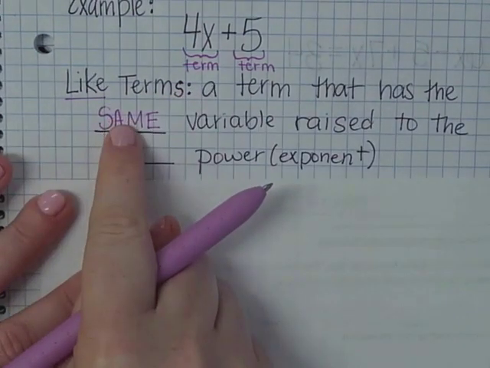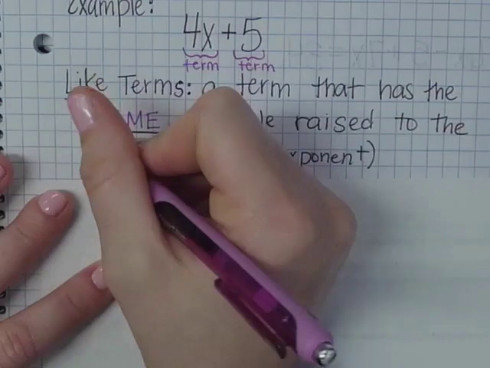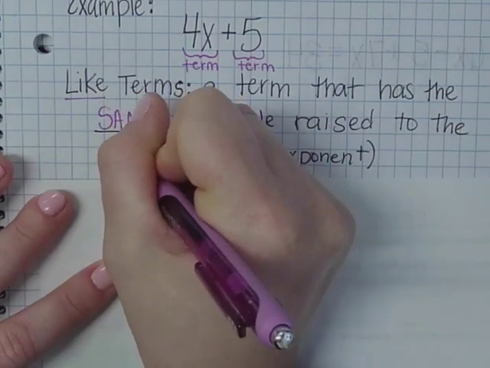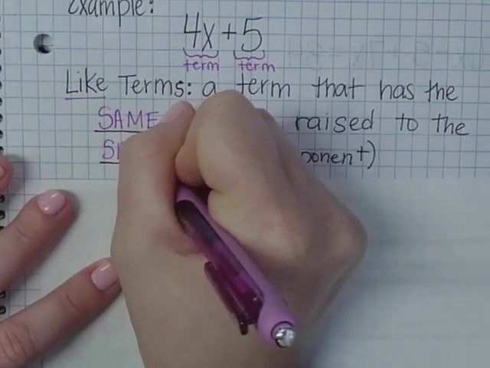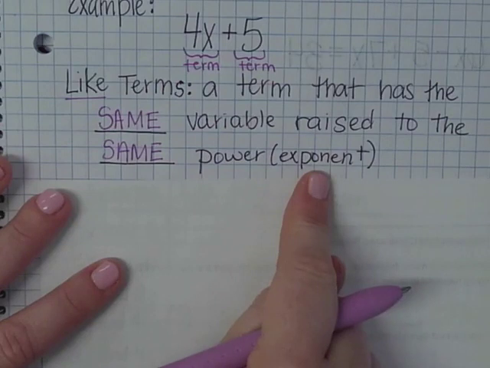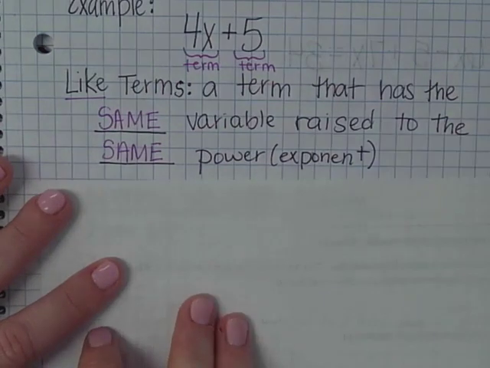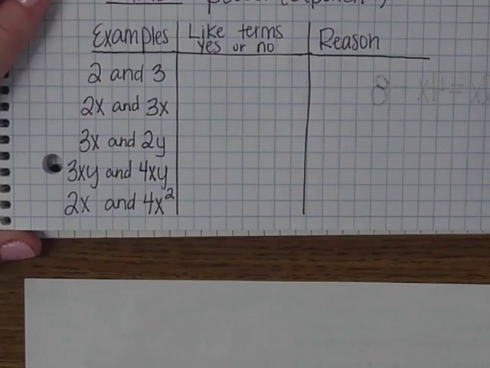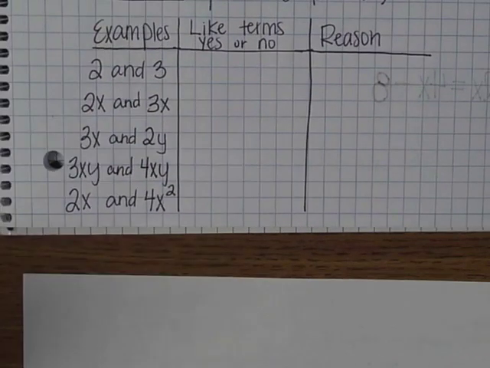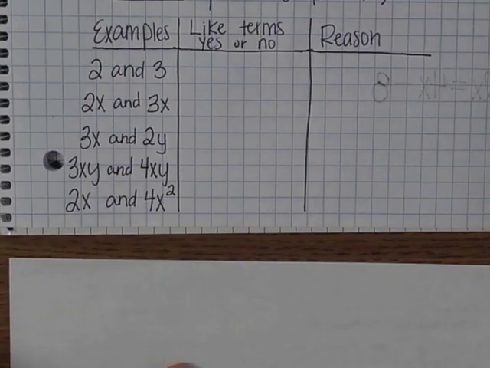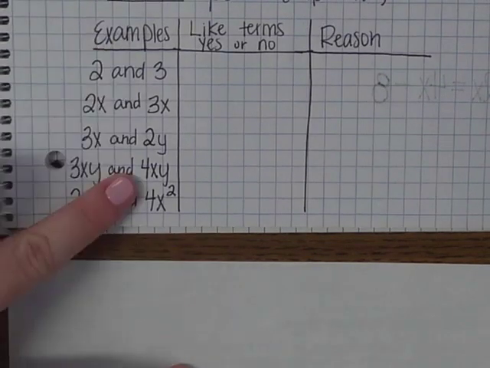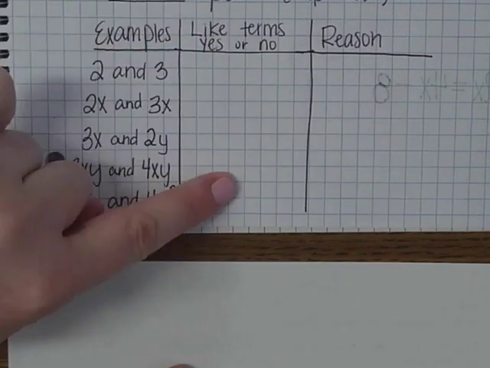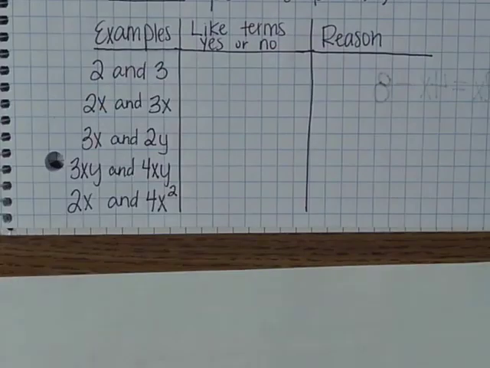Has to be the same variable raised to the same power or exponent. Okay? Now I'm going to just move this up and stop for just a second. You can pause the video to get all of that written down. So we have examples. We're going to decide if they're like terms or not, and then we're going to say the reason.